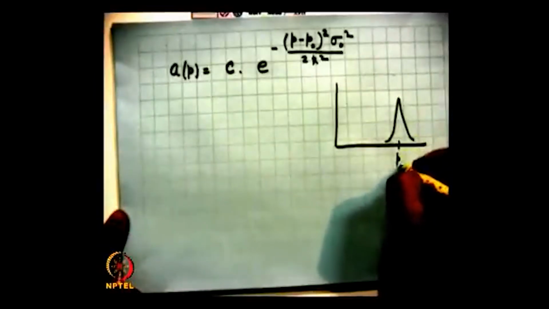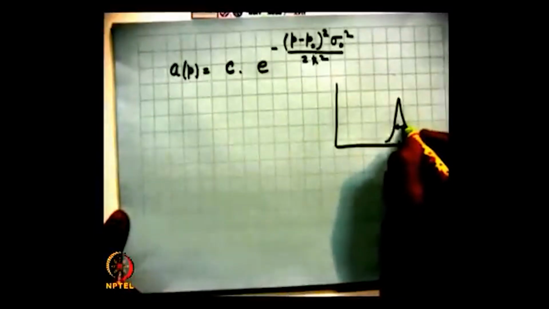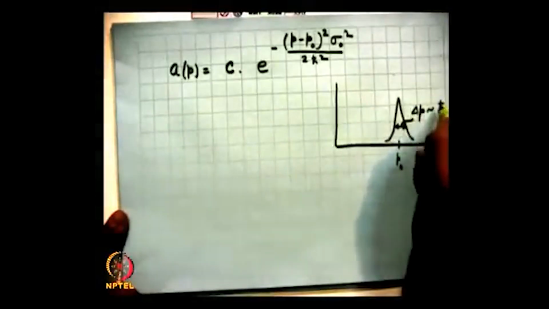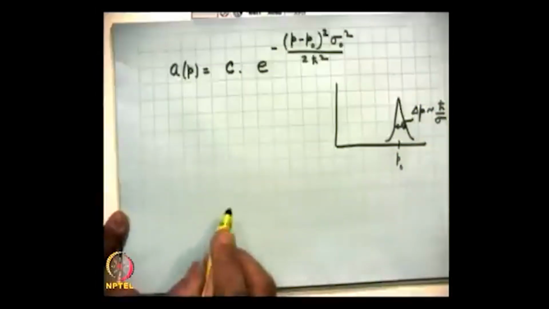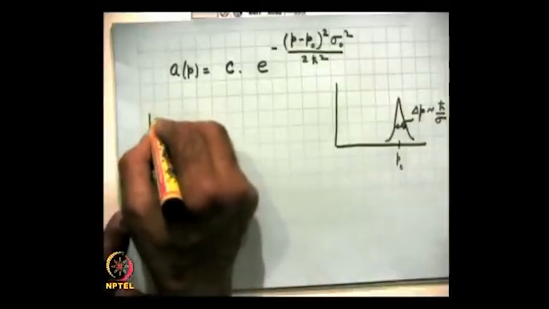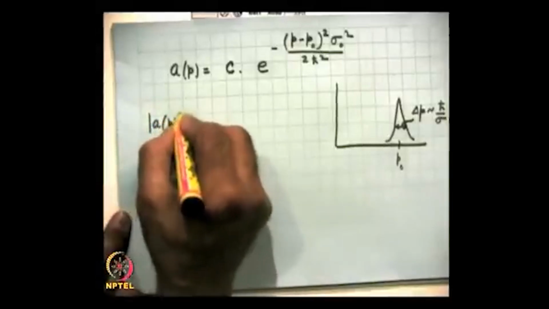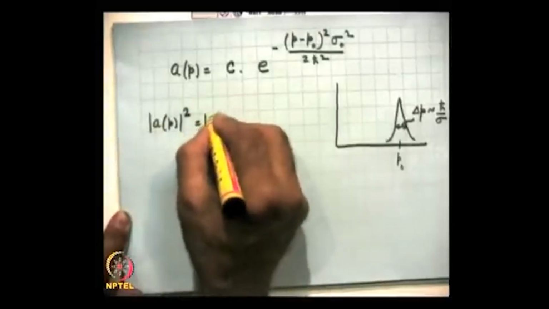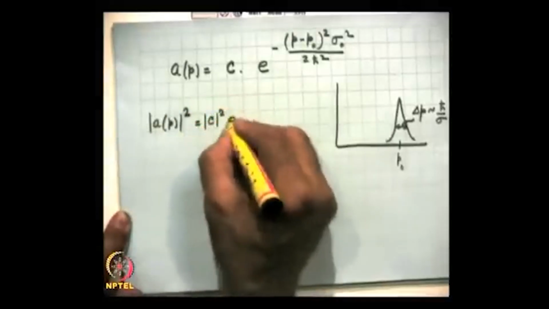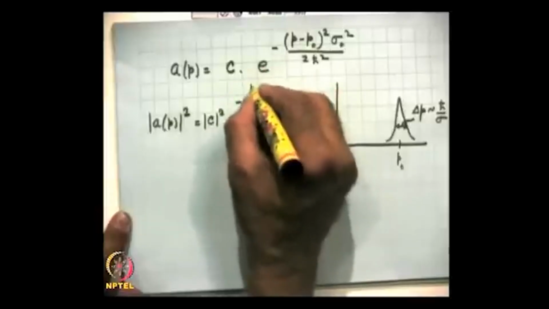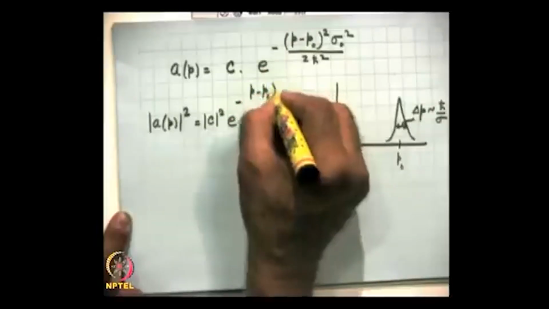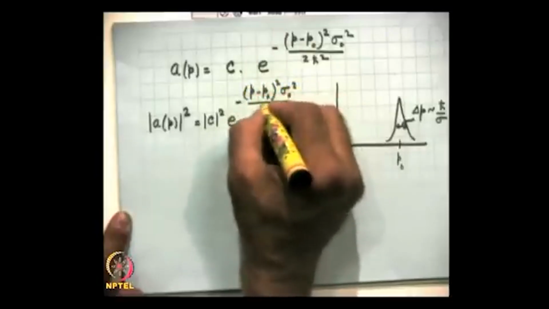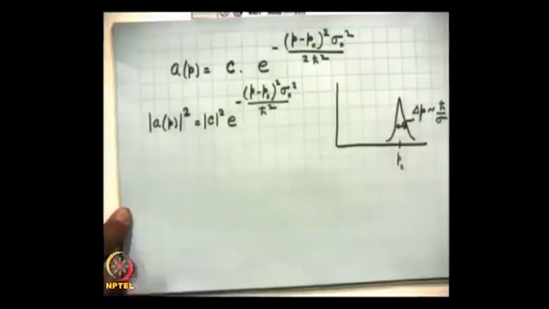This is p naught, and the delta p will be of the order of h cross by sigma. This mod A p square is known as the momentum distribution function. So this will be mod c square into e to the power of minus p minus p naught whole square sigma naught square by h cross square.